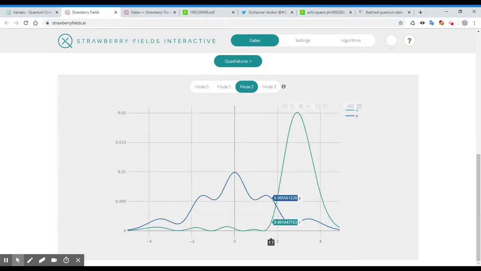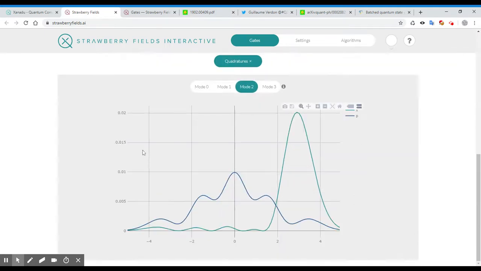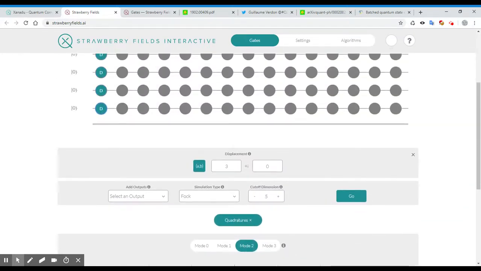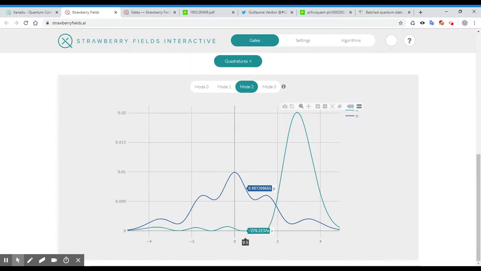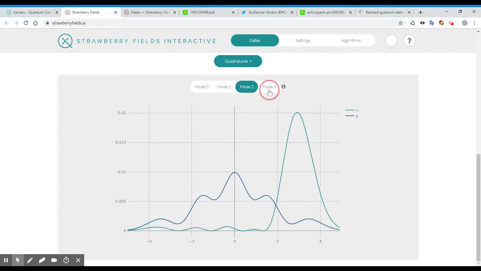Okay, so now we got something that I like. That's mode 2, and mode 3. Mode 2 seems like a good thing, and it's pretty. Could probably try to squeeze it a bit more.